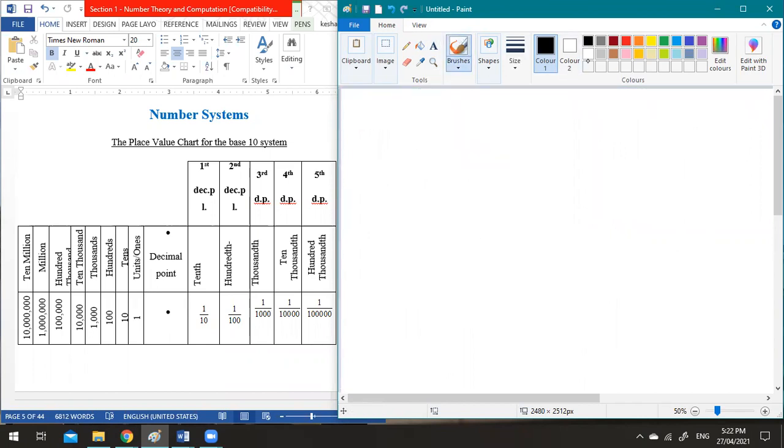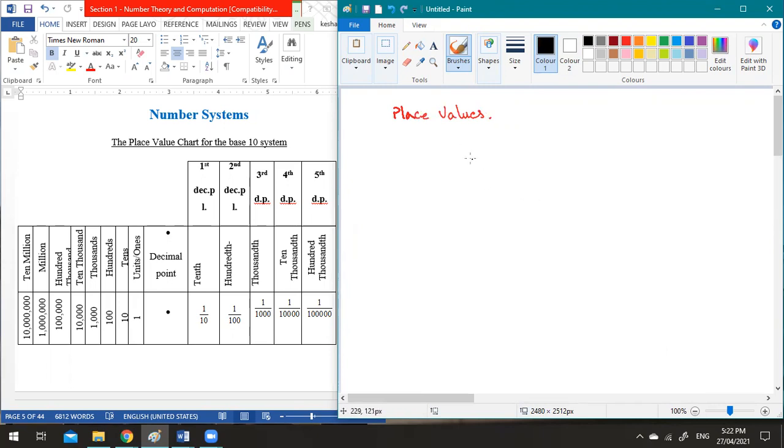All right, so place values is the next one. So place values, right?